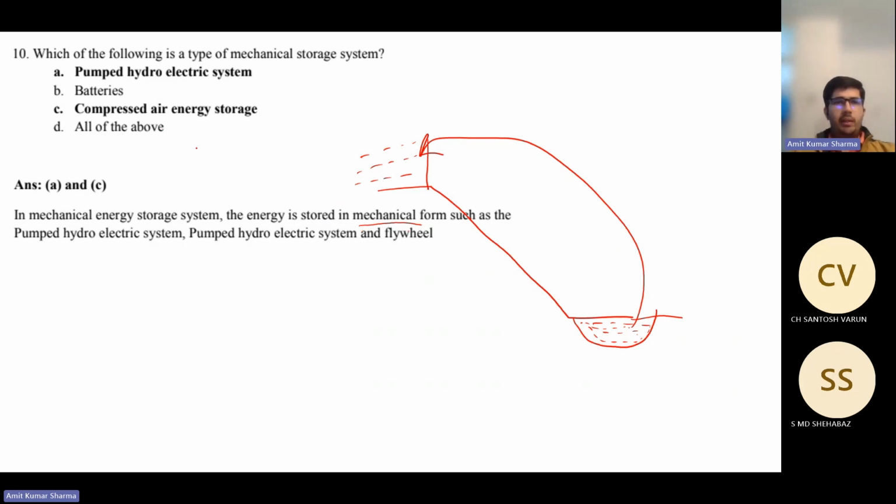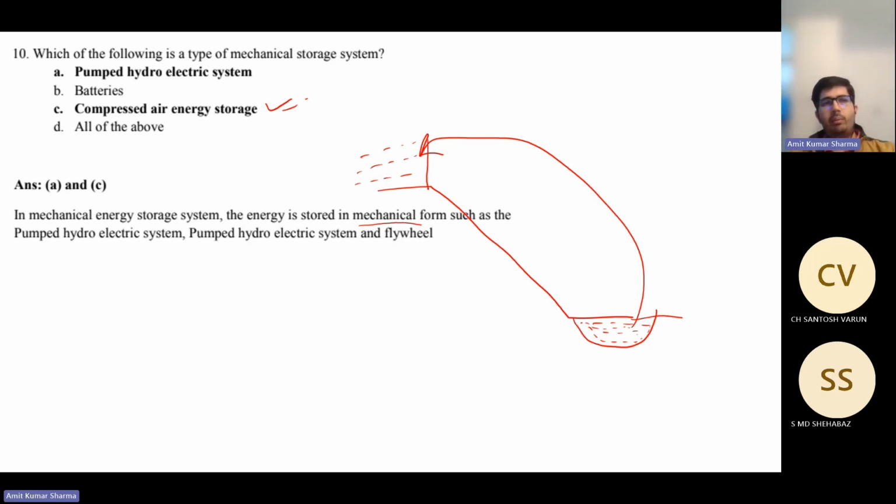Similarly, in compressed air energy storage system, if we are having excess power and the demand is less, using that excess power we will compress the air and store that energy in the compressed air.